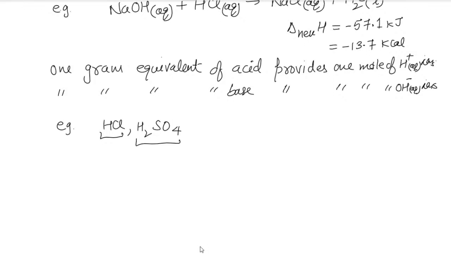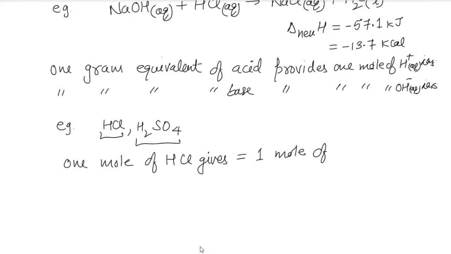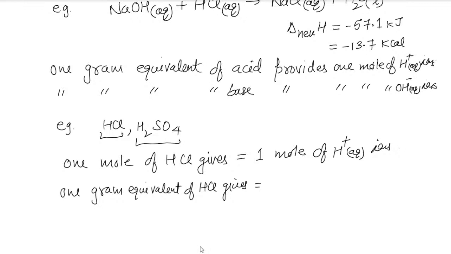But if we talk about equivalents, that is the major difference. 1 mole of HCl gives 1 mole of H plus ions, and 1 gram equivalent of HCl also gives 1 mole of H plus ions.